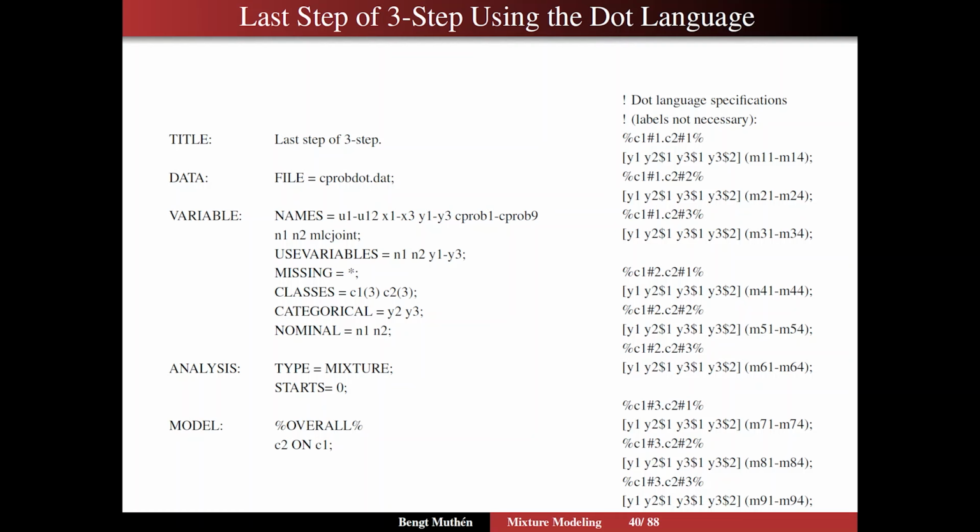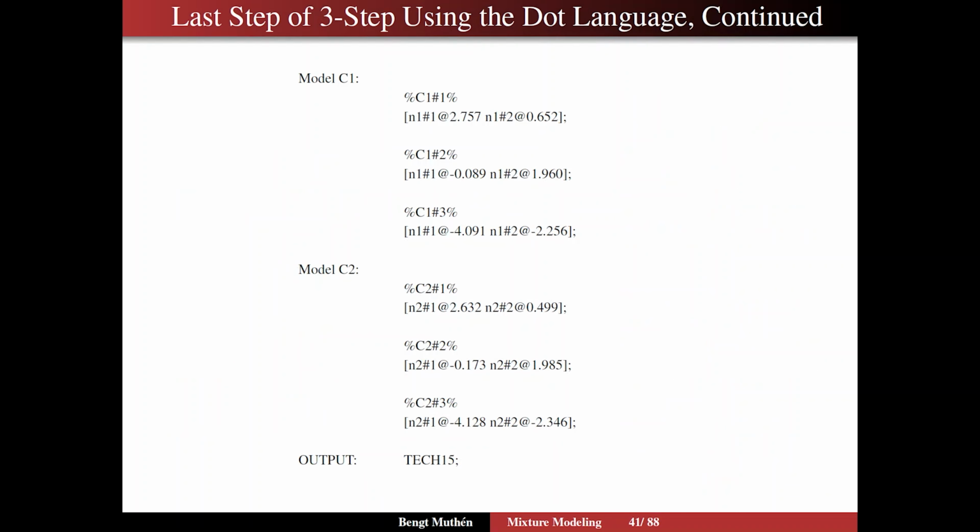And to do that, you have to have parameter labels that you then use in the model constraint statement to create a difference between the two and estimate that difference and get a standard error automatically by the delta method for that to get a test of whether that difference is significant. And since it's 3-step, we also have to have the fixed logits in the input, just like before.